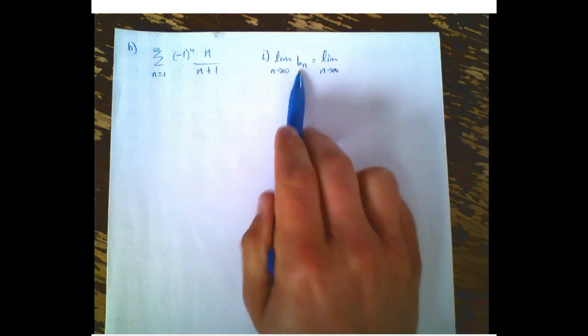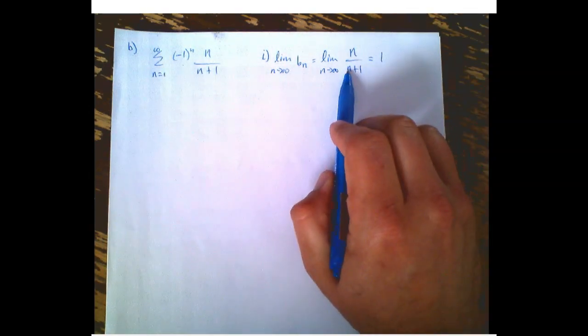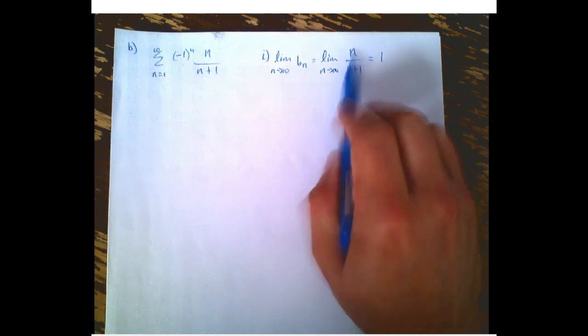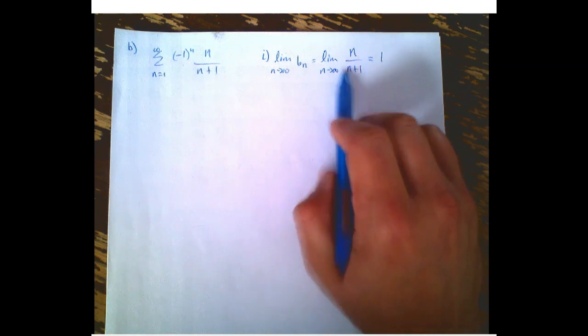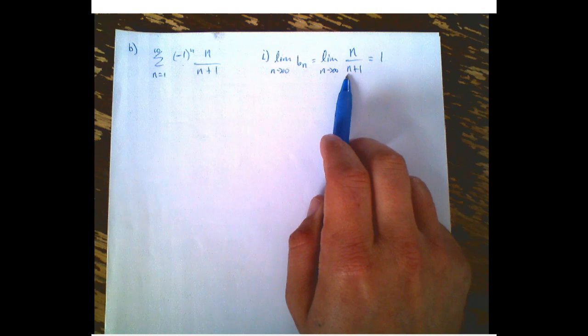So what is bn? bn is just the positive terms of the series, so that's n over n plus 1. This is equal to 1, right? Same exponent, same degree on the top and bottom, so we just take the ratio of the coefficients here. So this tells us that the alternating series test is not going to be very helpful for us here.